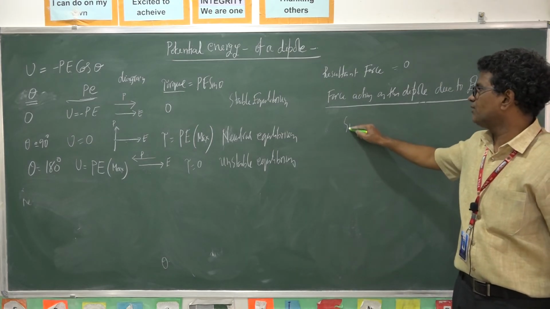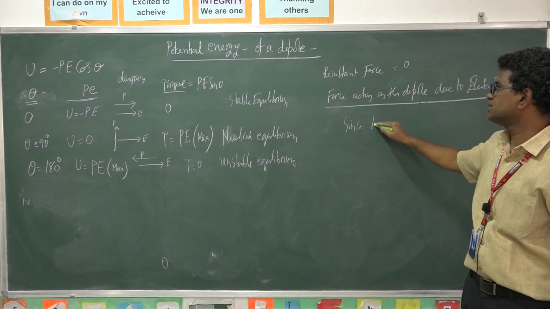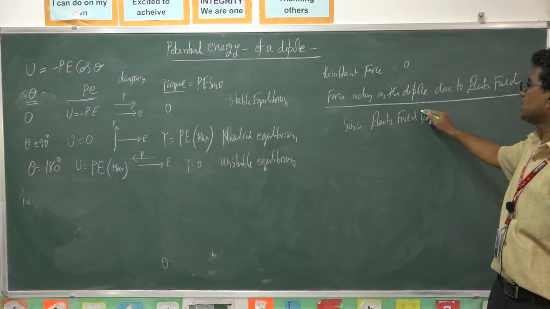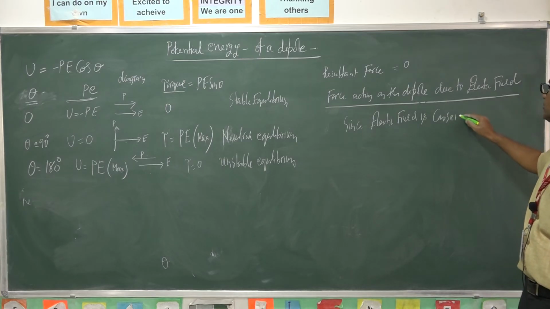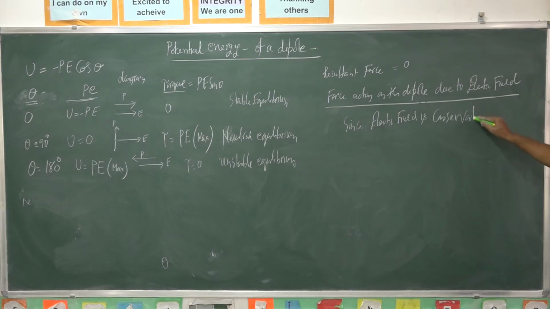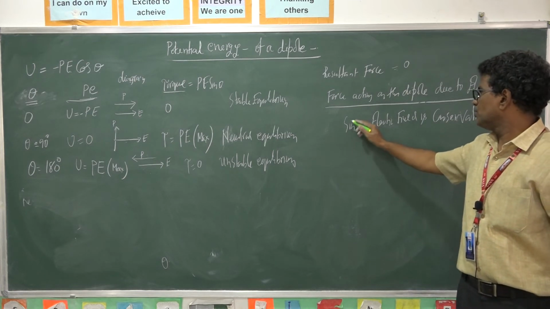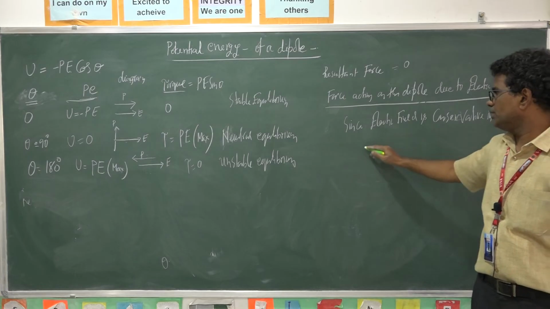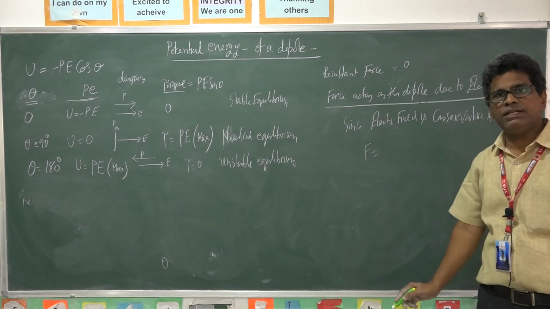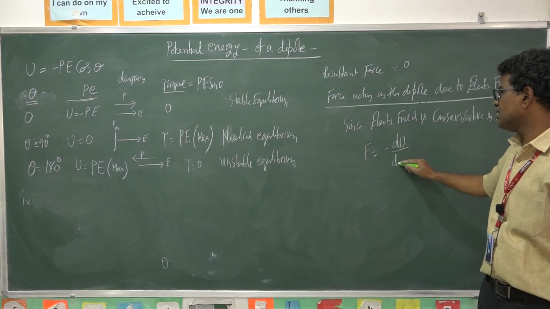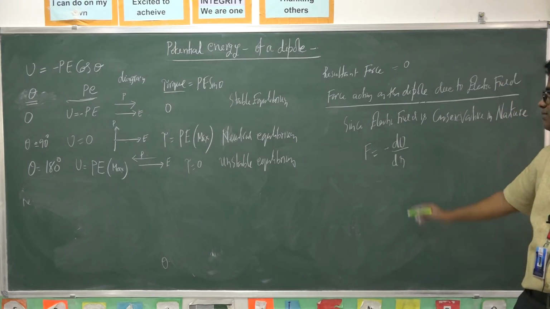How do you calculate this? Since the electric field is conservative in nature, we have F equal to minus dU by dr. A force F is said to be conservative if it satisfies this equation. This is the mechanics concept from 11th class.